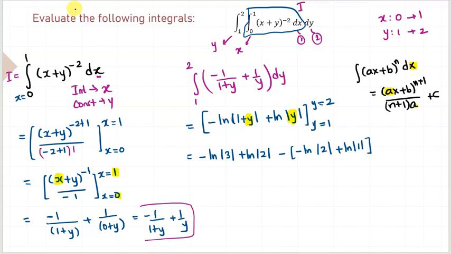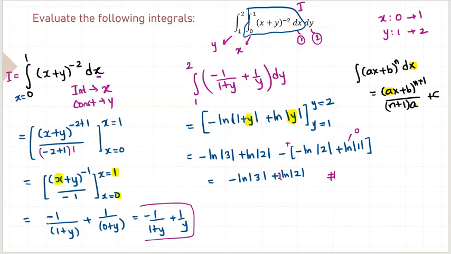Okay, so ln of 1 is 0. This minus minus becomes plus. So you get your answer as minus ln of 3 plus ln of 2 and again ln of 2. So you get 2 times ln of 2.